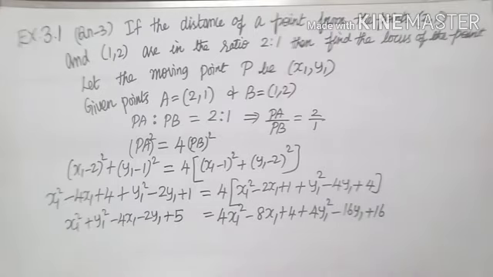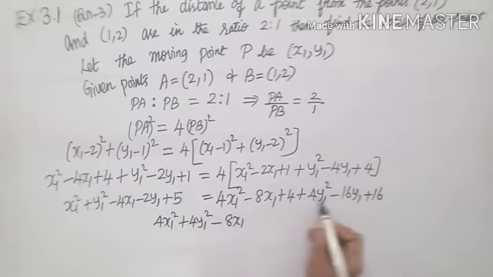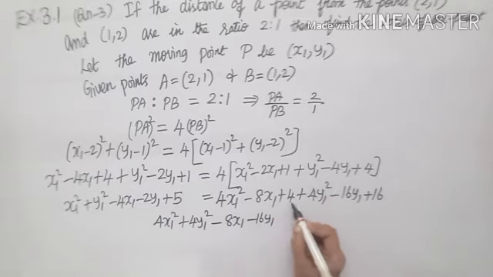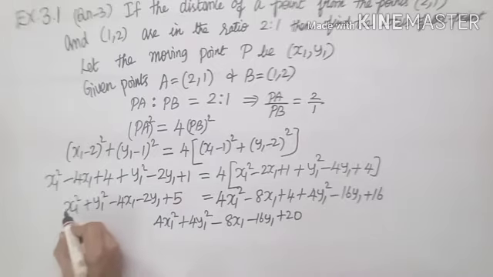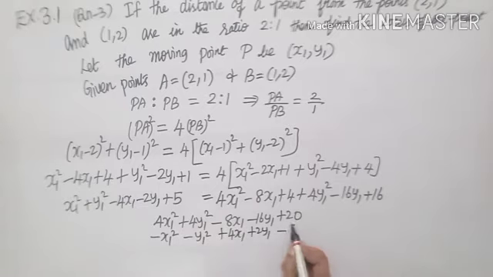Bringing all the terms to the same side and writing in the standard form, I get 4x1 square plus 4y1 square minus 8x1 minus 16y1, 4 plus 16 is 20, and x1 square will come to the other side as minus x1 square minus y1 square plus 4x1 plus 2y1 minus 5. I have brought all the terms to the same side, equals 0.